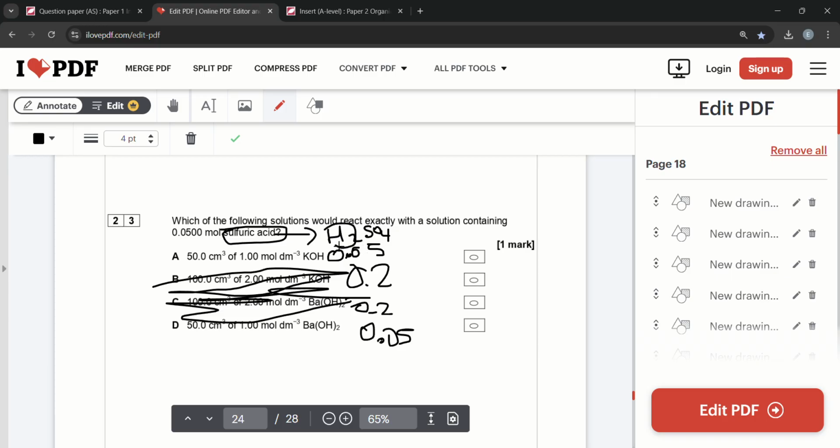So we've got 2 H plus ions. Well, if we look at potassium hydroxide, we've only got 1 hydroxide ion. And if we look at D, barium hydroxide, we've got 2 hydroxide ions. Therefore, the answer is going to be D. So that is very tricky as well.